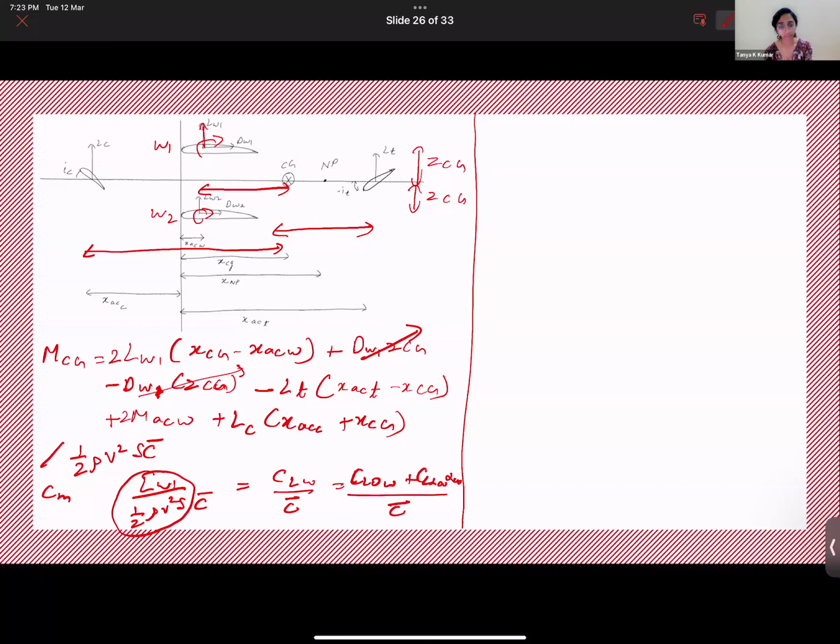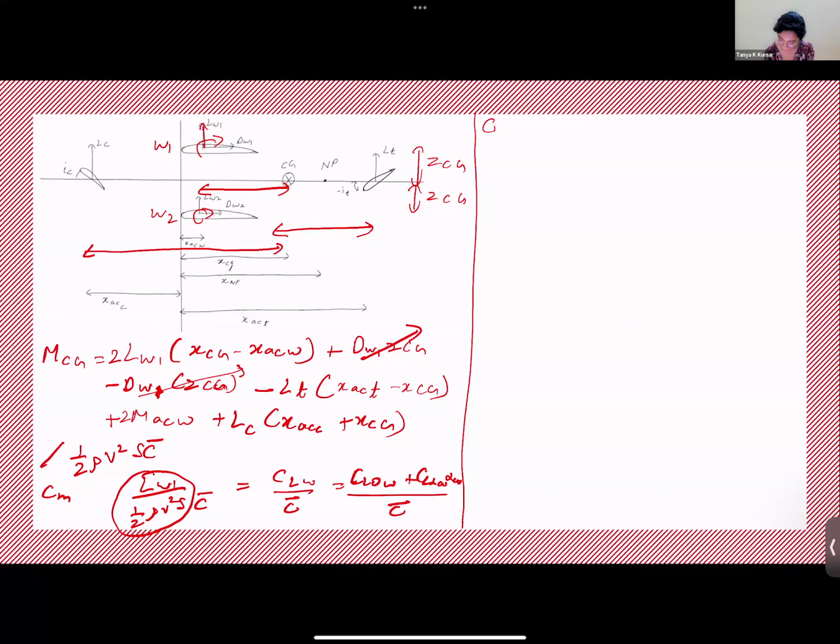Okay, so now let's write the equation. CMCG or CM is 2 CL naught of the wing plus CL alpha of the wing into alpha of the wing into that C bar. I'm taking it to the other side. So it will be XCG minus XAC wing by C bar.